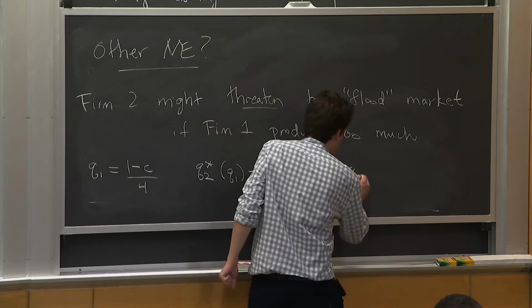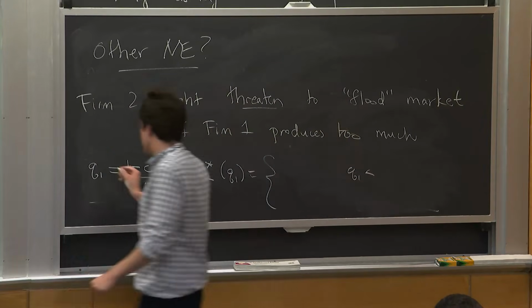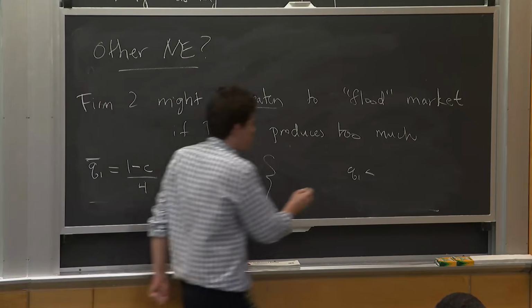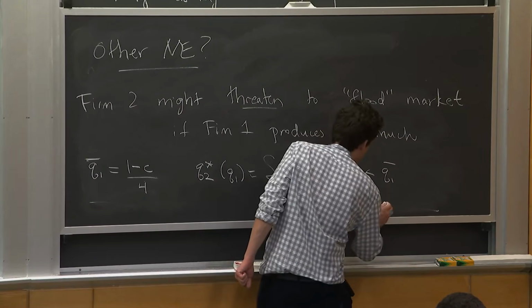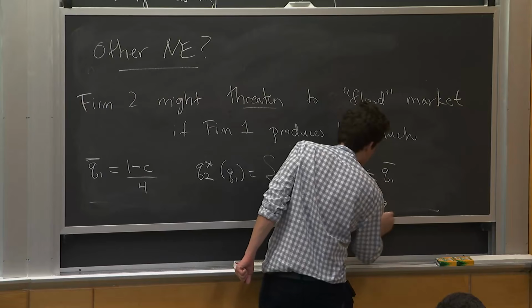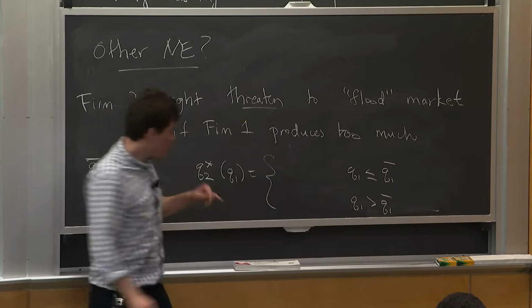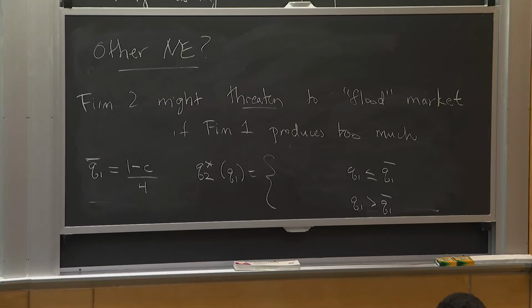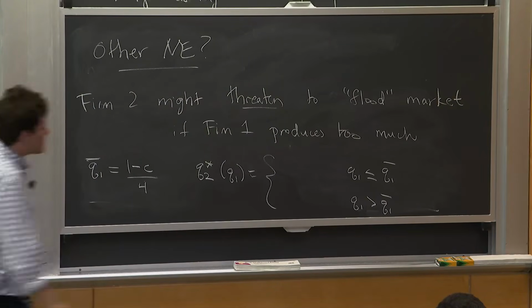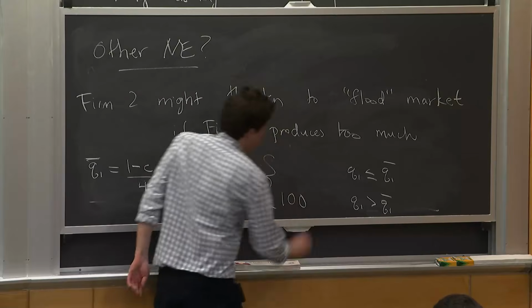Let me call this q1 bar. If q1 is greater than q1 bar, firm 2 is going to flood the market. Again, the exact amount doesn't matter. Let's say 100. It doesn't matter.